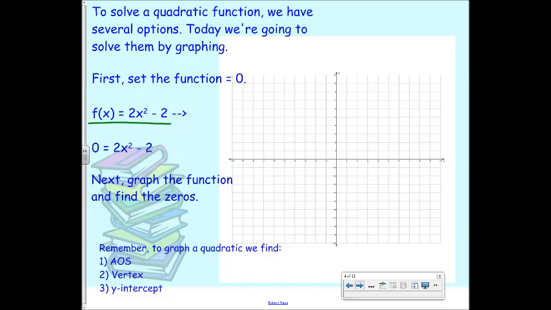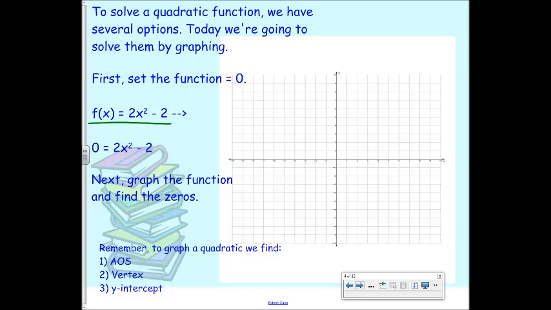The axis of symmetry. So you're finding the axis of symmetry, and then you find the vertex. And then you find the y-intercept. And once you have that, you can graph your parabola, and once you graph it, you can find the solutions because you should be able to tell where it crosses.